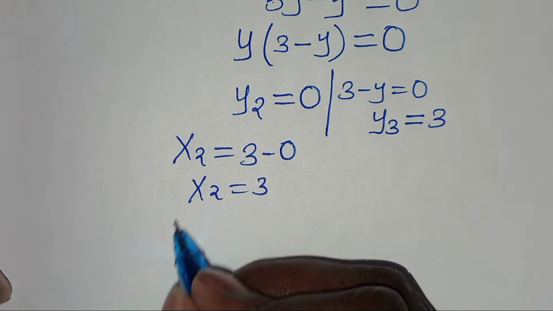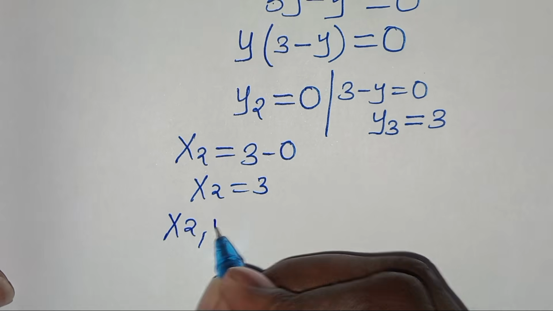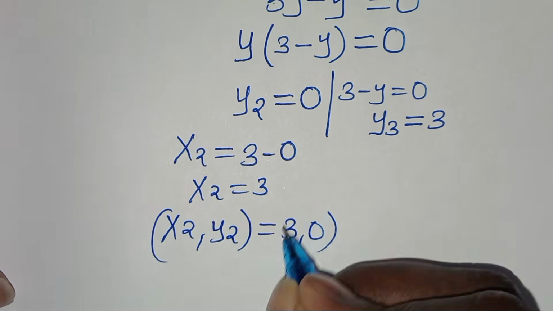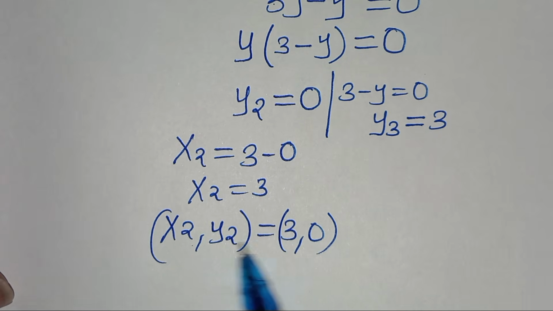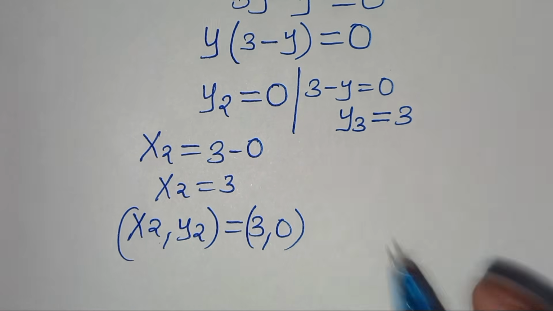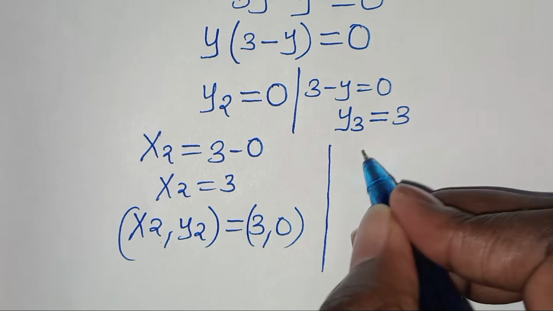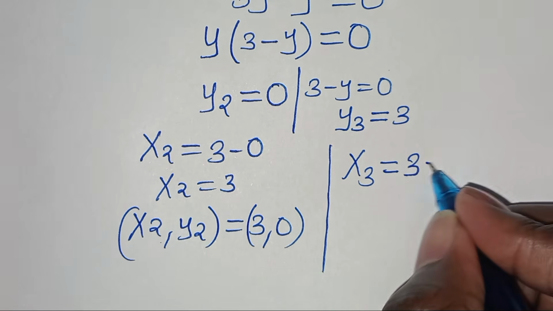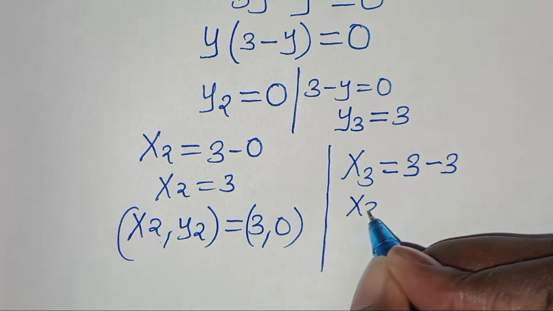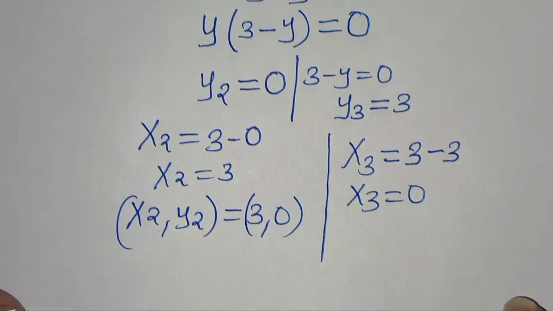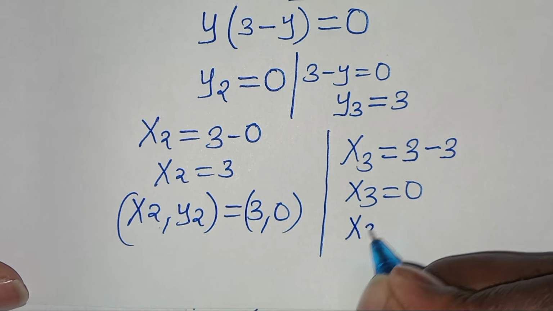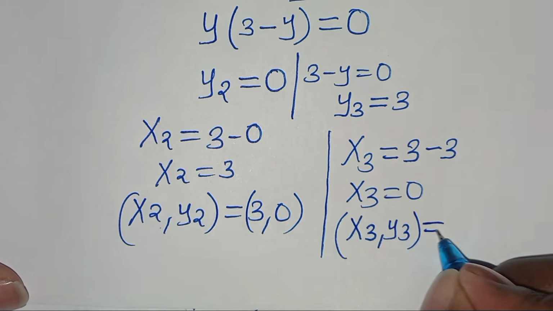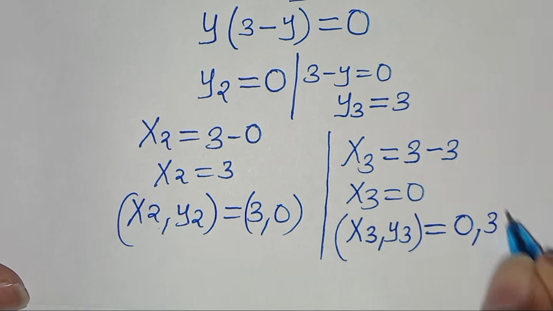So this implies that x2, y2 is equal to 3, 0. This is the second set of solution that we have. Now, lastly, we have x3 will be equal to 3 minus y, which is 3. So x3 is equal to 0. So this again means that x3, y3 is equal to 0, 3.